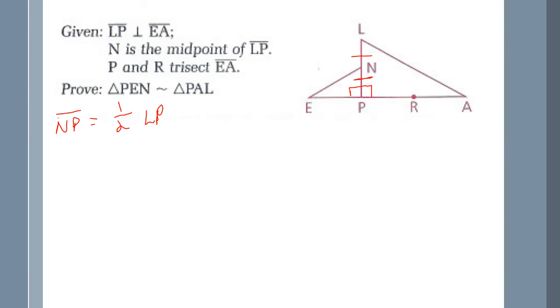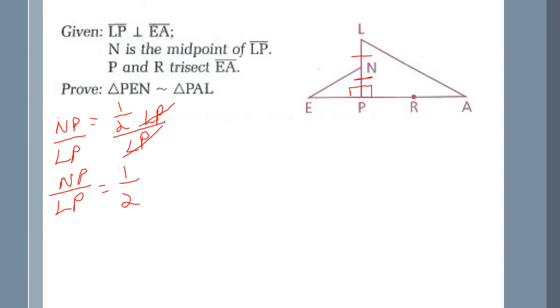So if I were to divide each side here by LP, I would end up with LP here and LP here. Those would cancel. So I would end up with NP over LP is equal to 1/2.